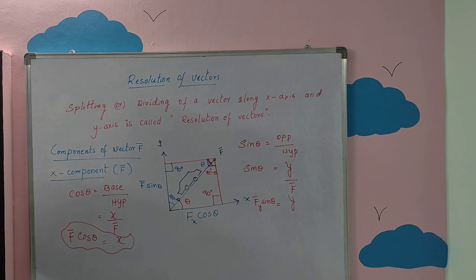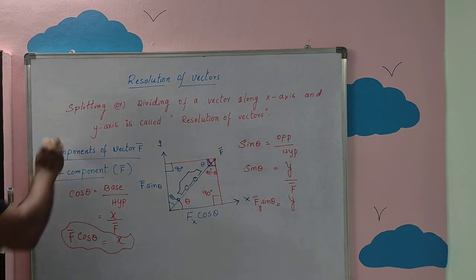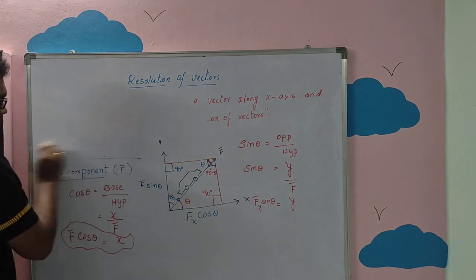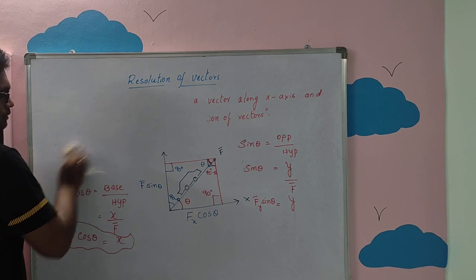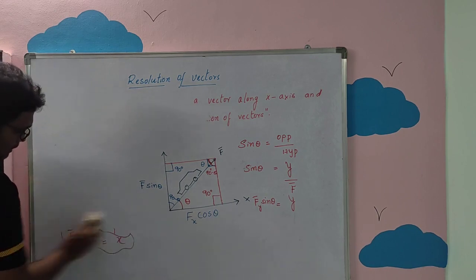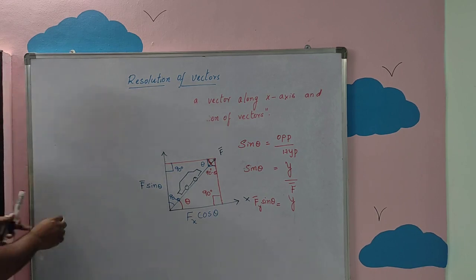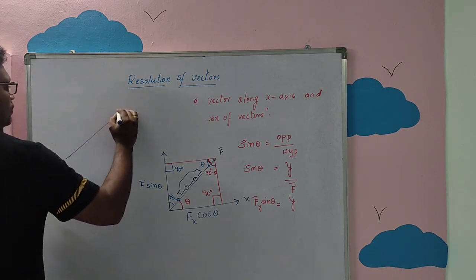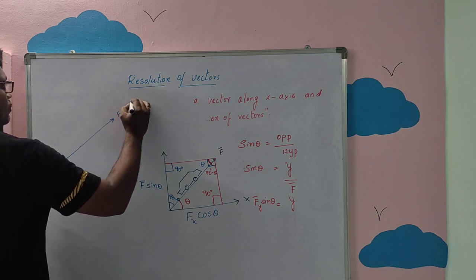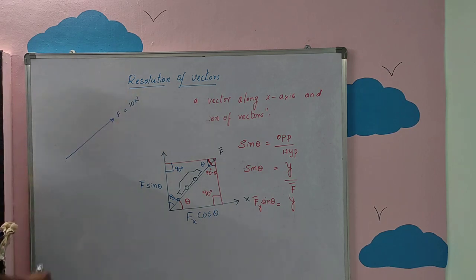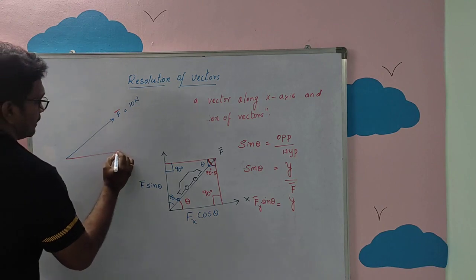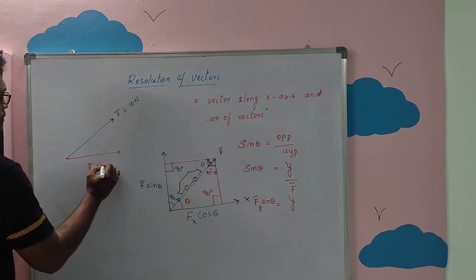Now, let us do one small example to understand this concept. Say I am applying some force on the car now, right? Example, say this is the force vector. Say I am applying 10 newtons of force on the car. And we have the components of the vector. The force vector along the x axis is F cos theta.